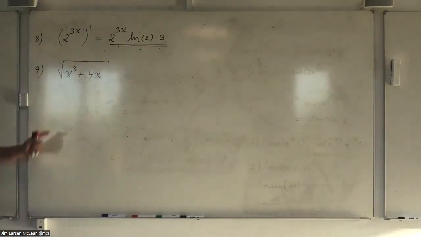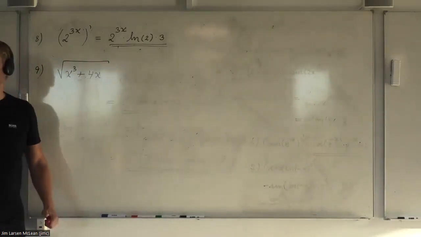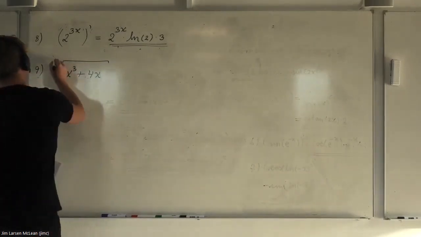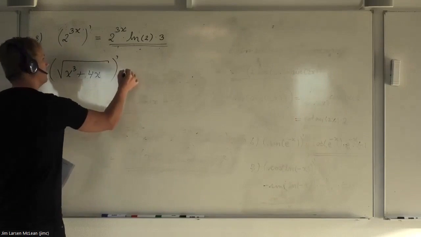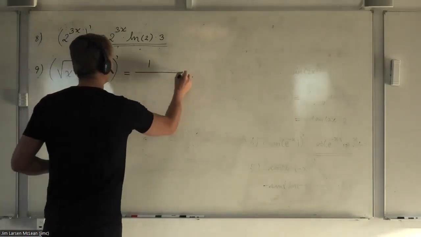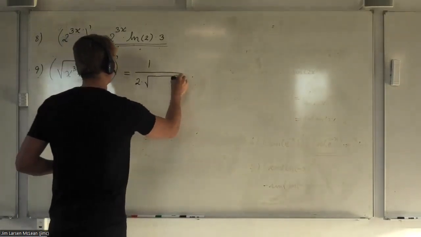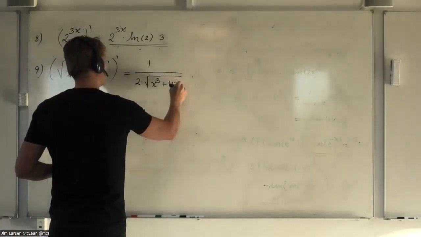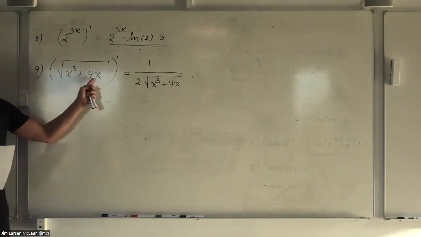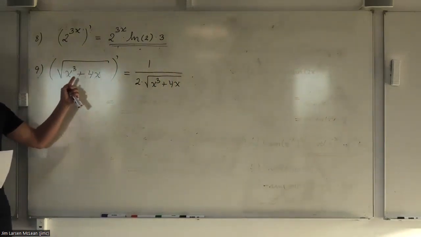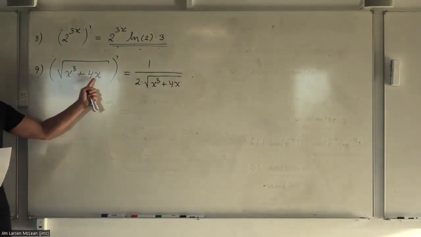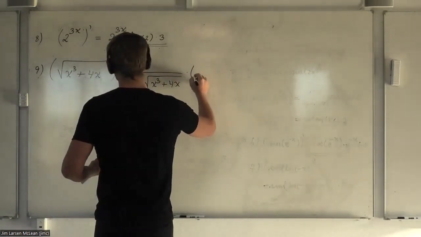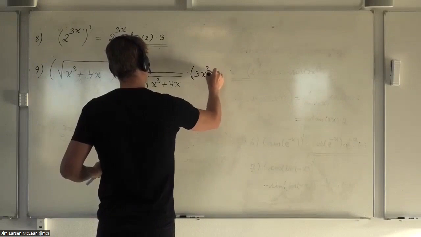Task 9: the square root of x cubed plus 4x. The square root of something differentiated is 1 over 2 times the square root of something. So let's put a big parenthesis. We are differentiating now, so that gives 1 over 2 times the square root of the same thing as before, x cubed plus 4x. But then we realize this is also a function, so let's write differentiate times. This differentiation gives 3x squared plus 4, so I need to remember to multiply by the parenthesis 3x squared plus 4.